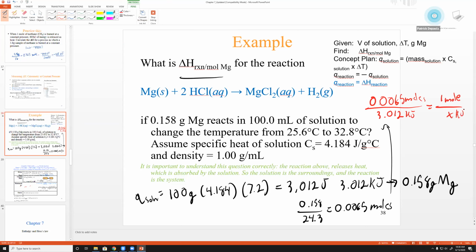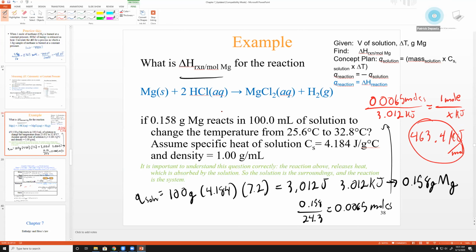X kilojoules. Then you divide: 3.021 divided by 0.0065, and you get 463.4 kilojoules per mole.